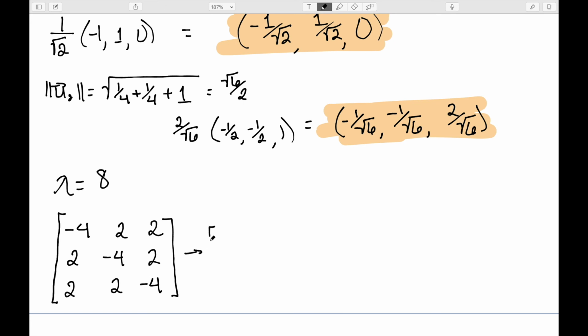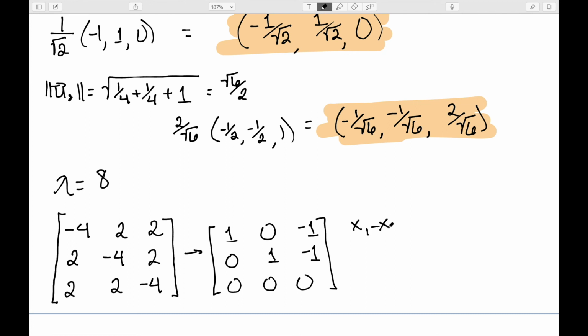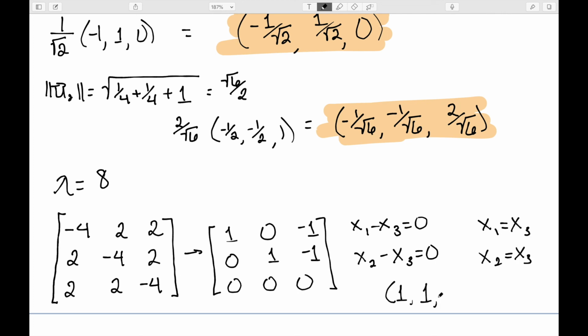Whenever I reduce this matrix, I get 1, 0, minus 1, 0, 1, minus 1, 0, 0, 0. So my equations, x1 minus x3 equal to 0, and x2 minus x3 equal to 0. In other words, x1 is equal to x3 and x2 is equal to x3. And we can see one possible solution to this is 1, 1, 1.